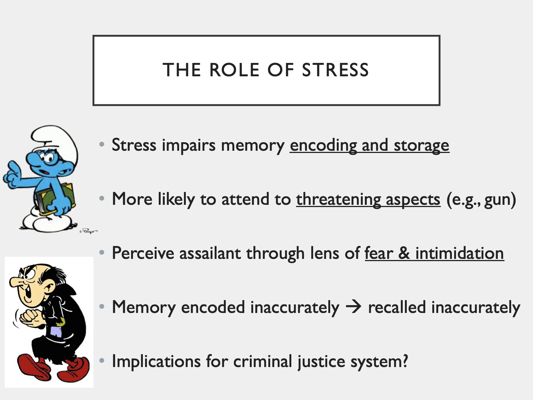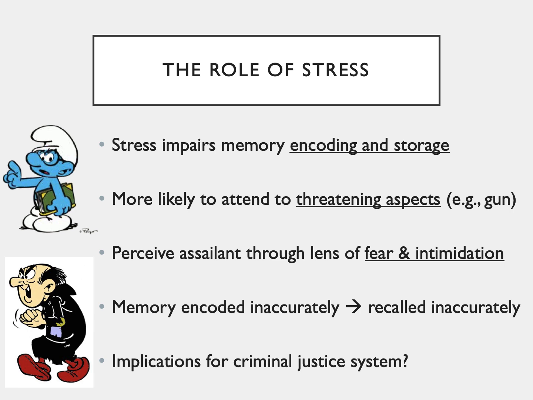For example, there's a tendency to view the assailant in a situation where potentially one is being robbed or raped as taller, heavier, stronger than perhaps they actually are. That means that your memory of that person will be inaccurate because it'll be based on the way you perceived the situation, not on the way it actually occurred.